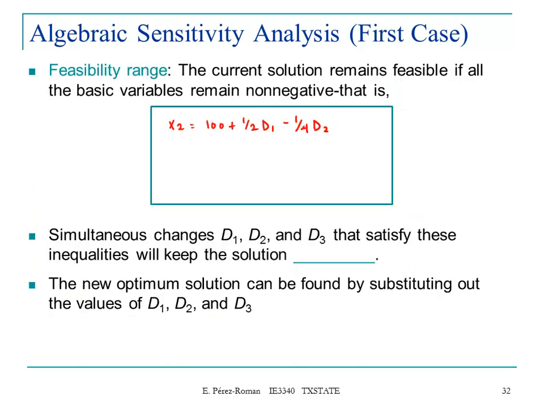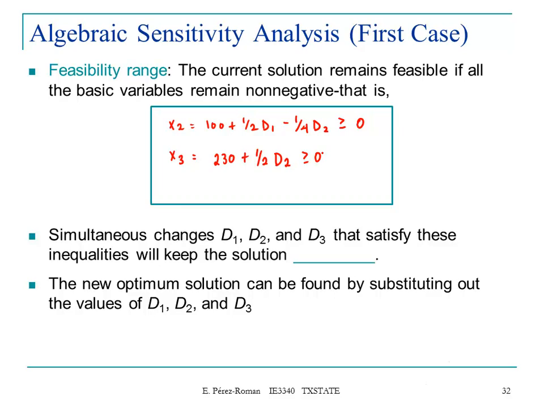In order for that to be non-negative, we know that needs to be greater or equal to 0. x3, same thing, equals 230 plus 1/2 d2. And for that to remain non-negative, that needs to be greater or equal to 0.